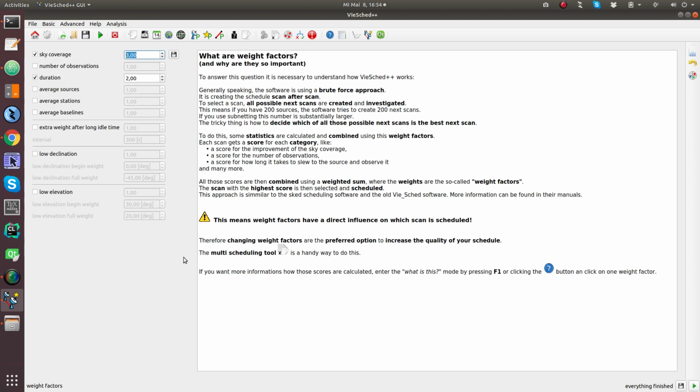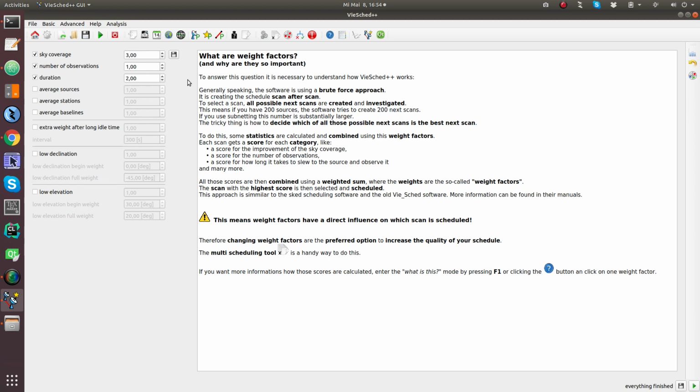So this is what's happening here. And this is why the weight factors are so important, because they directly determine how the final score is calculated, and therefore they directly determine which source is scheduled at which time.